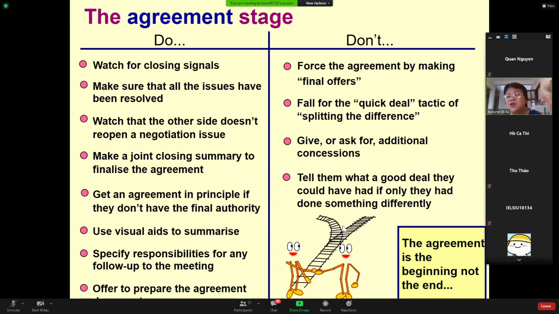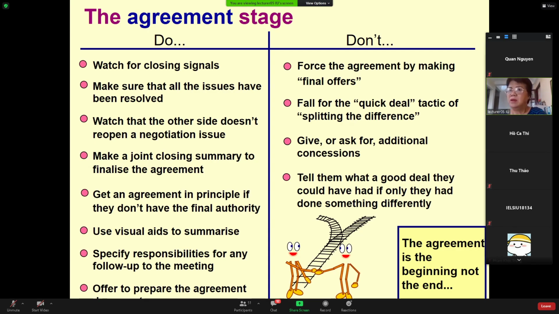What we should not do is force an agreement by making a final offer. No one can make a final offer from a meeting unless they have the final authority to agree. Don't push for a quick deal or tactic, splitting the difference, or give or ask for additional concessions. Don't tell them what good deal they could have had if only they had done something differently.